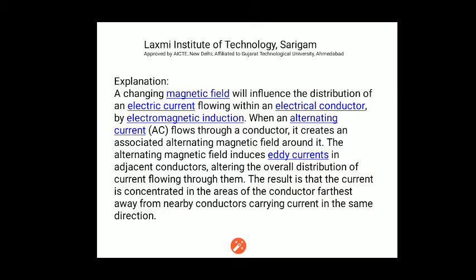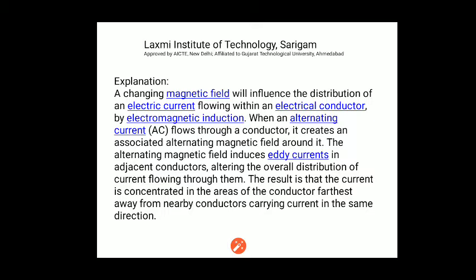The alternating magnetic field induces eddy currents in the adjacent conductors. This alters the overall distribution of the current flowing through them. The result is that the current is concentrated in the areas of the conductors furthest away from the nearby conductors carrying current in the same direction.